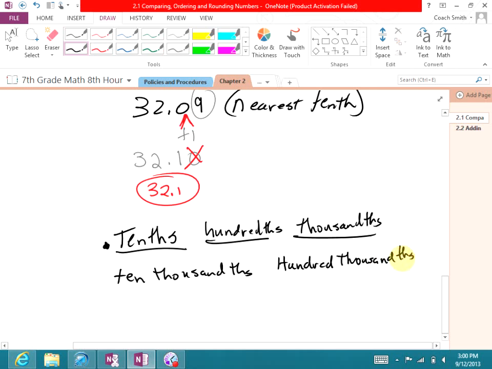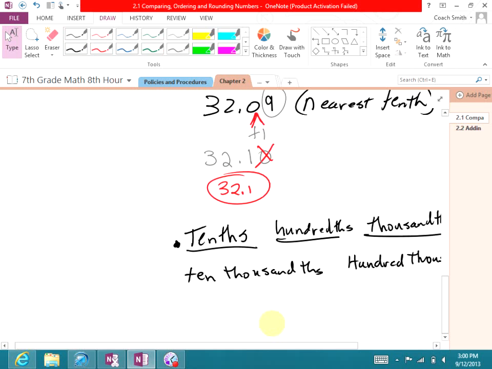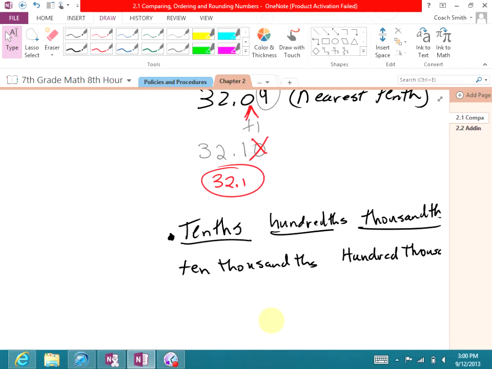Okay? Tenths, hundredths, thousandths, 10,000ths, 100,000ths. Okay, that's your place values on the right side of the decimal.